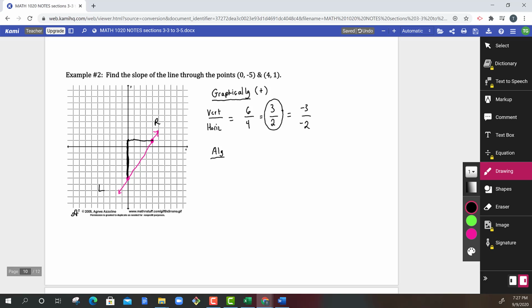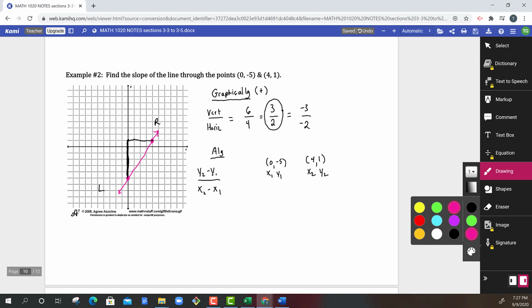And then finally, algebraically, we're going to do y2 minus y1 over x2 minus x1. So choose your point. Again, always just whatever point I write down first, I'm going to make that my first x and my first y, and make the second point my second x and my second y.